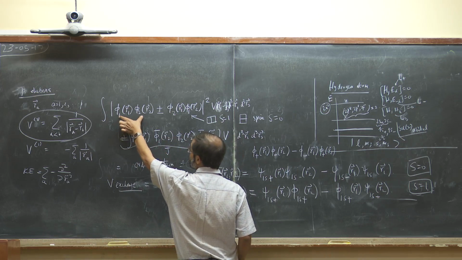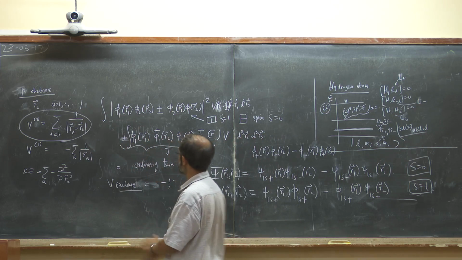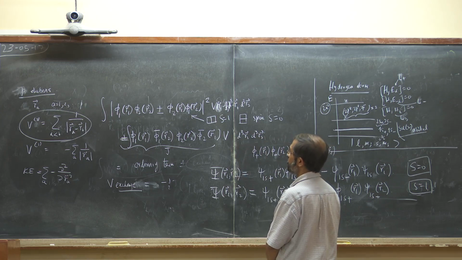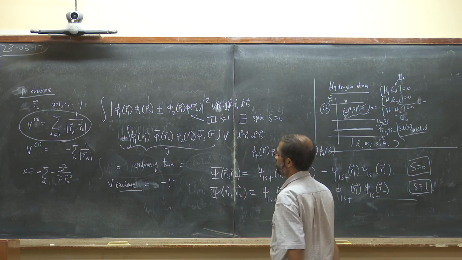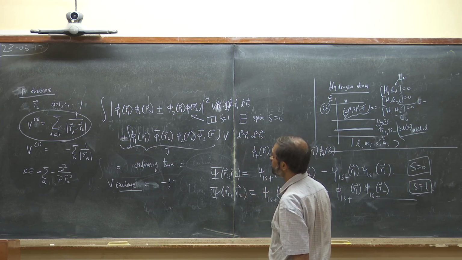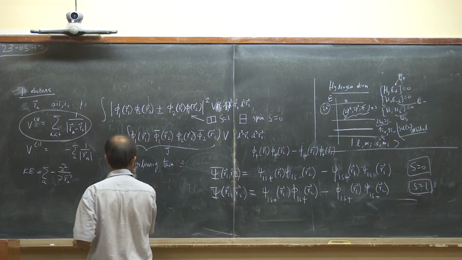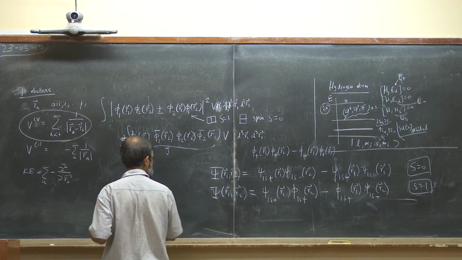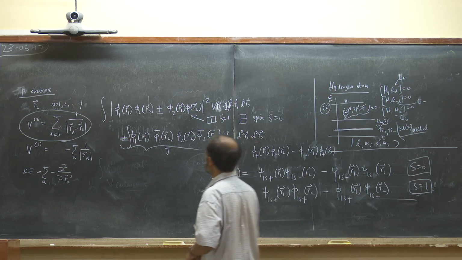Indeed phi 1 and phi 2 have the combined orbital quantum numbers and spin quantum numbers, and the total exchange of all the quantum numbers together must be antisymmetric.